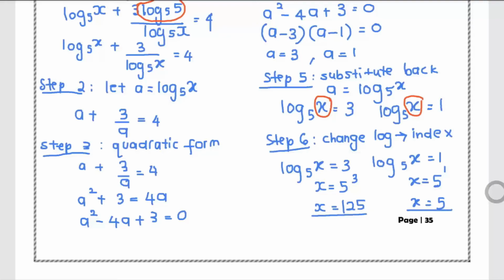Don't forget to recheck to see whether both values of x are valid for our question.